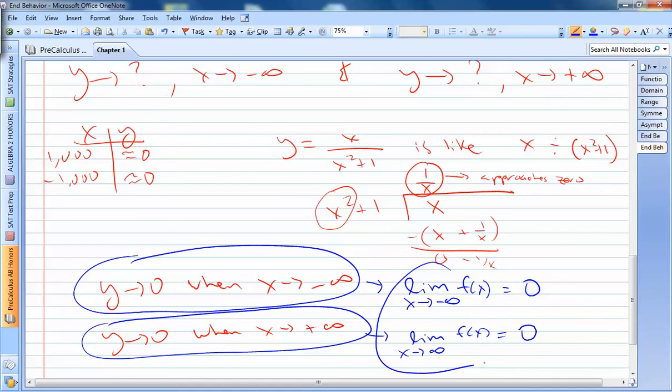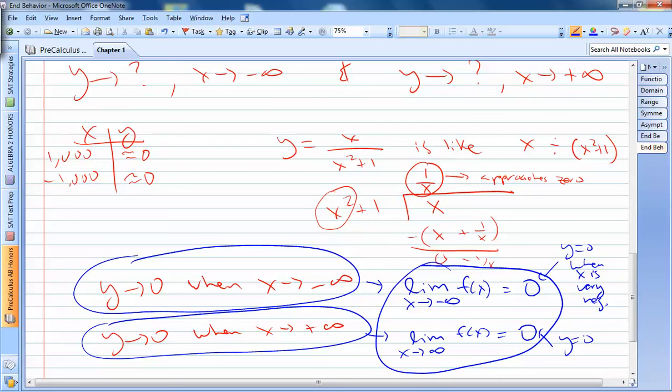So this is actually truly how we want to express the end behavior. For the first one, LIM is abbreviated for limit. As x approaches negative infinity, f of x is your function, whatever it equals, that's what y is going to be when x is going to the left. So y equals 0 when x is very negative.